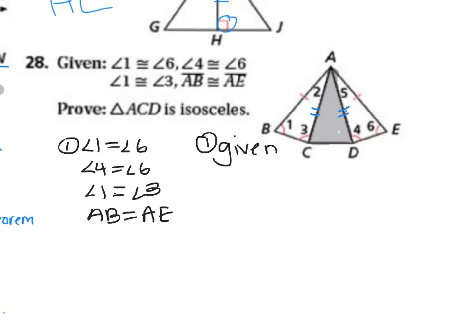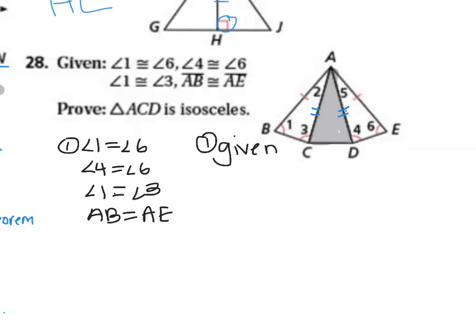If I prove two triangles are congruent, and then the next step is that the corresponding parts are congruent, what's that reason? CPCTC, you guys have got to get that. If two triangles are congruent and your next step is that parts of those triangles are congruent, that is CPCTC. I guarantee you're going to see that.